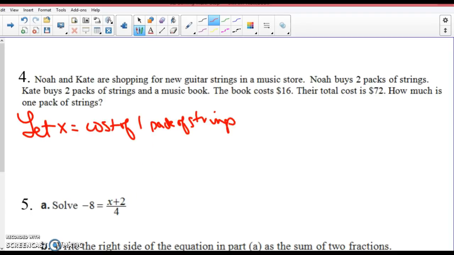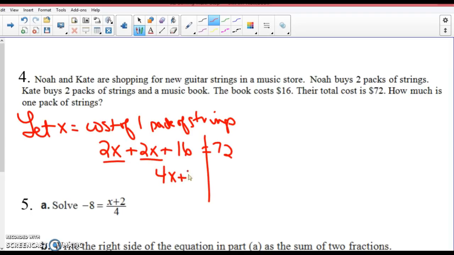So, let's see. Noah bought 2 packs of strings. That's 2x. Kate buys 2 packs of strings, so plus 2x, and a music book. And the book costs 16. So there's Noah's and Kate's. And their total was 72. Let's solve this. Simplify both sides. So on this side, I'm going to have 4x plus 16 equals 72.